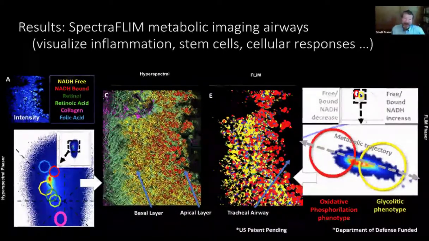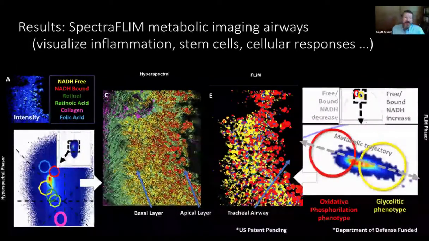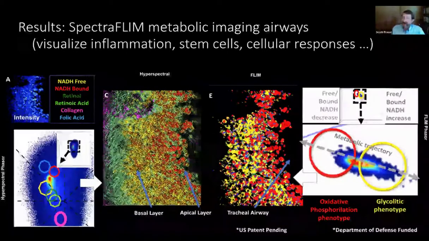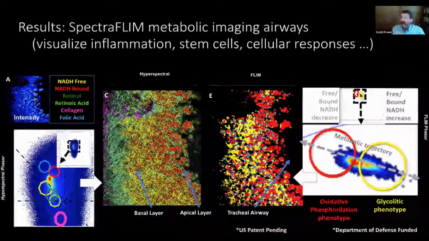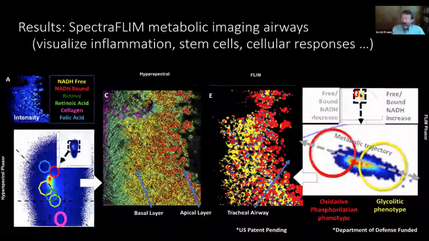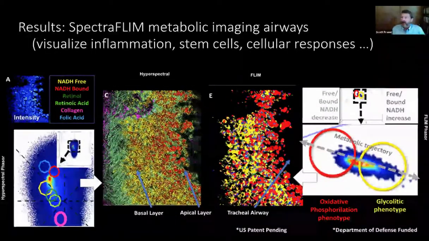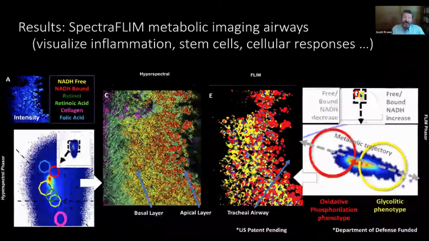If we look at hyperspectral, you can see some things that we're just blind to in the lifetime, like the autofluorescence from the elastin and collagen that's shown in green to the left of the hyperspectral image. And you can imagine that combining the two is going to be the most informative. And we're trying to do that now to generate something that could be used in the very noisy environment of imaging human airways.